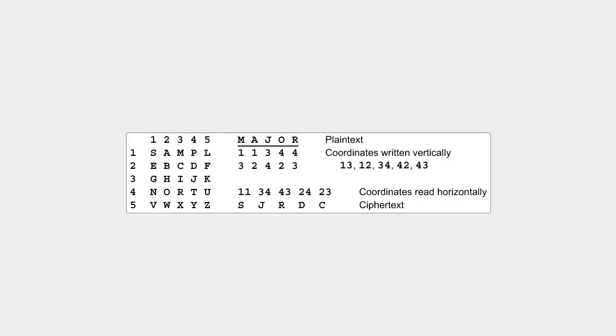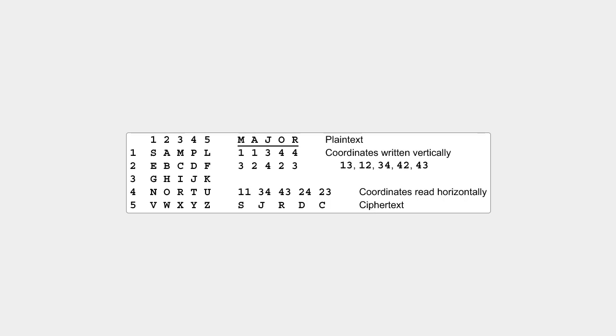Each of these R and C symbols is a number from 1 to 5, with the row coordinate first and the column coordinate second. These pairs of coordinates are written vertically below each letter in the block, like this. Then they are read out going across the rows in the order R1, R2, R3, R4, R5, C1, C2, C3, C4, C5.